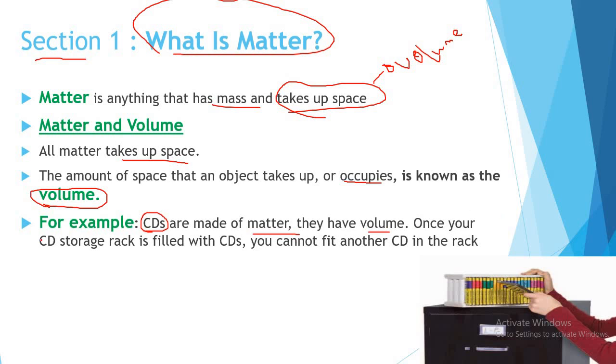Once your CD storage rack is filled with CDs, you cannot fit another CD. So we cannot put this CD into the CD storage rack. Why? Because the CDs take up space and have a volume.